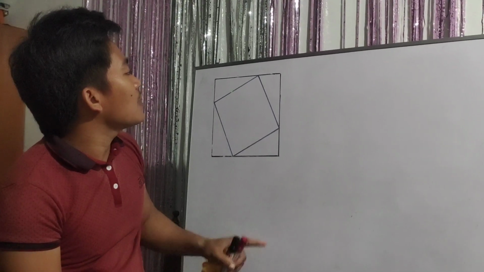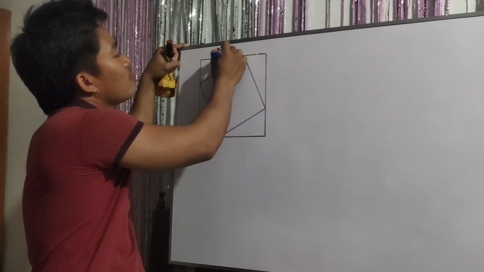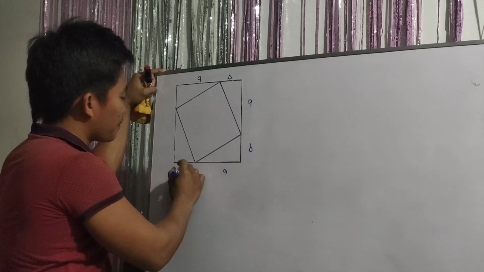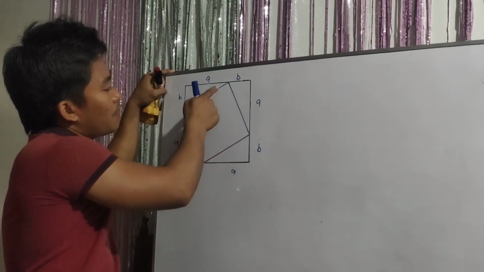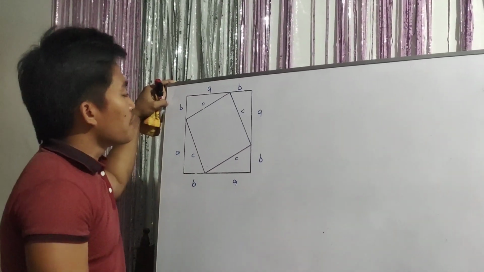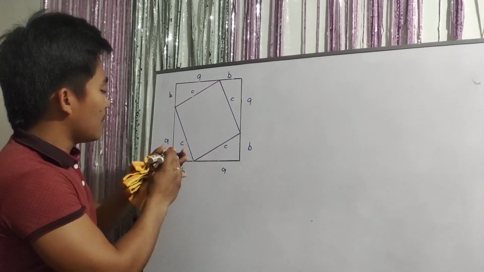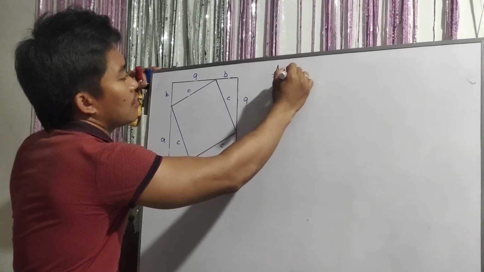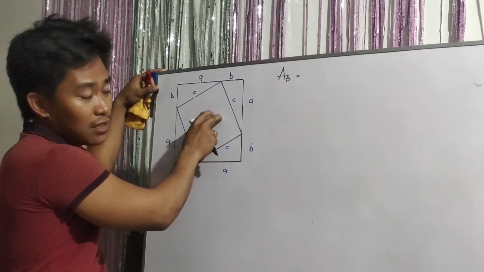So, to start with, given this figure, let's say we have a square having a side A plus B. And inside this bigger square, we have a smaller square having a side C. From that figure, we can simply say that the area of this bigger square is just equal to the sum of the area of these four triangles plus the area of this smaller square.